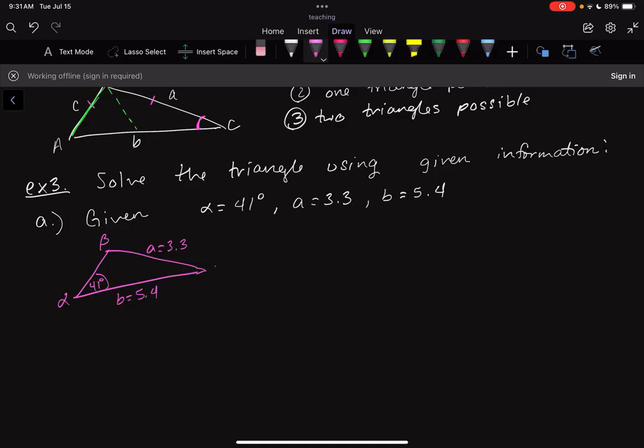And then I'll have gamma or C here. There we go. Again, please remember you don't have to draw your triangle exactly how I do. Pretty much I just draw it on there and then I just start the problem. I don't worry too much about trying to draw it to scale or anything like that.